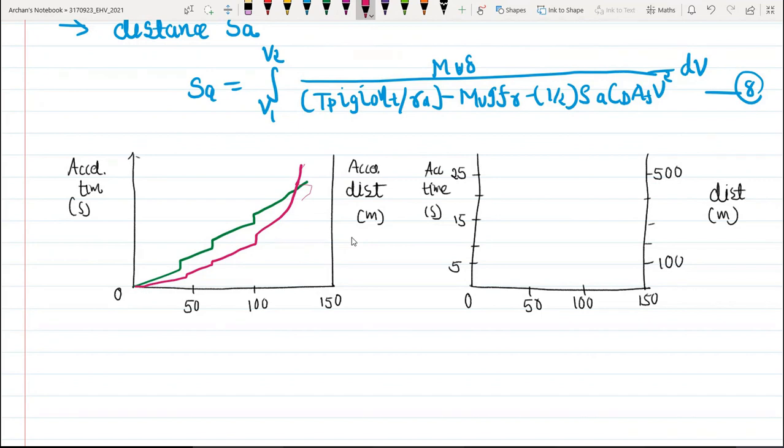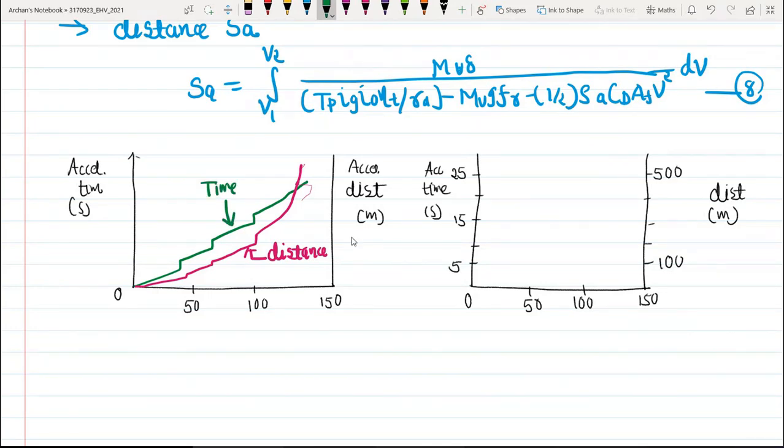Okay, so this is the typical characteristic. The one with the green line shows the time, and the red line shows the distance.